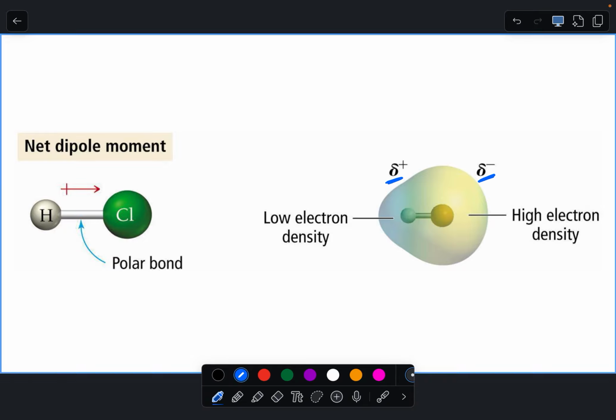So remember, you can look up electronegativity values in your chart on the exam equation sheet. And I think we say hydrogen's 2.2. I always remember it as 2.1. I'm not sure what's on your equation sheet, but something around there. And then chlorine's 3.0. Okay, so these are electronegativity values. So the difference here is 0.8.